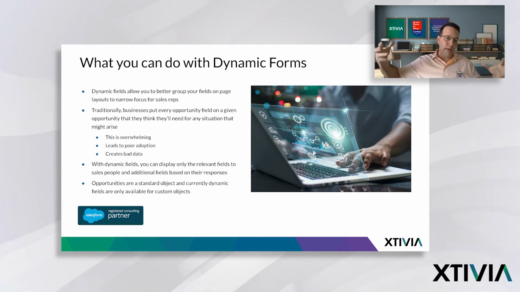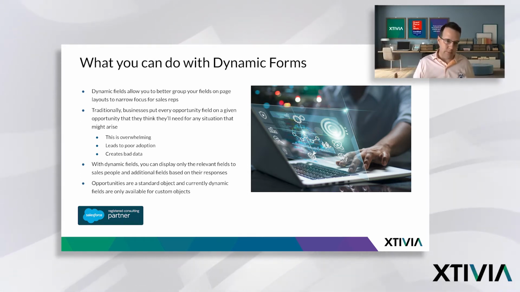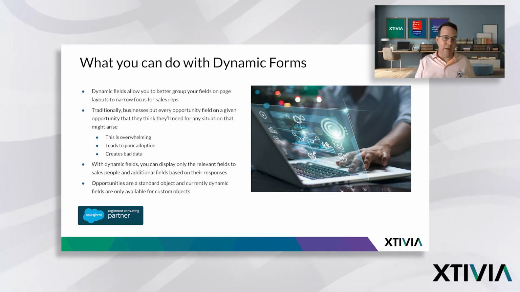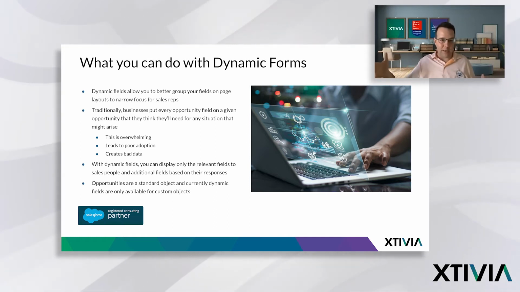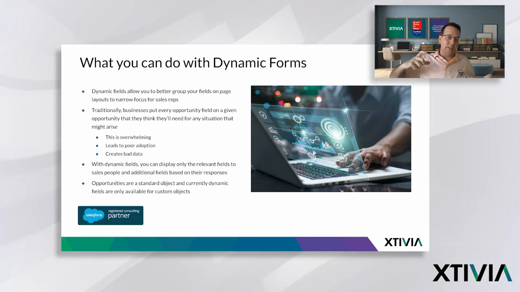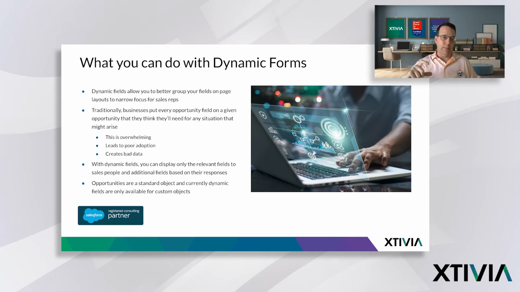And so that becomes very overwhelming for salespeople, and it leads to poor adoption by your salespeople because it's overwhelming to fill out an opportunity. And it creates bad data because people aren't then updating the system effectively. So now with these dynamic forms, you can literally present only the fields that need to be filled out by your salespeople.